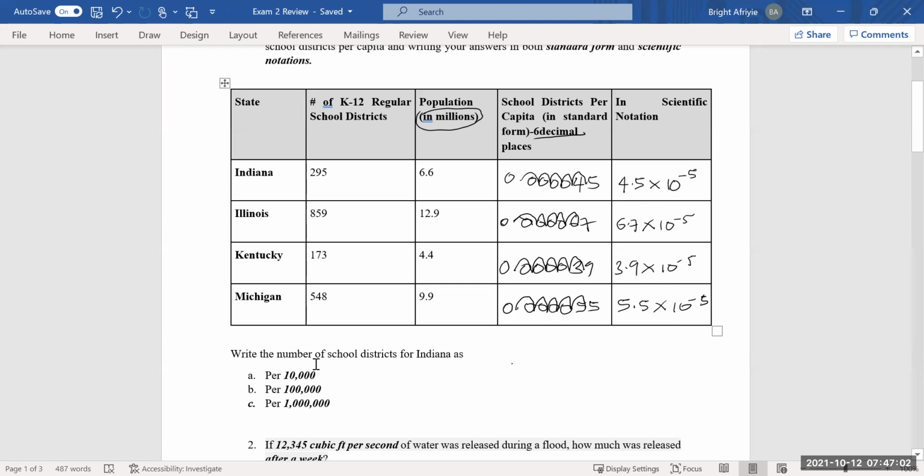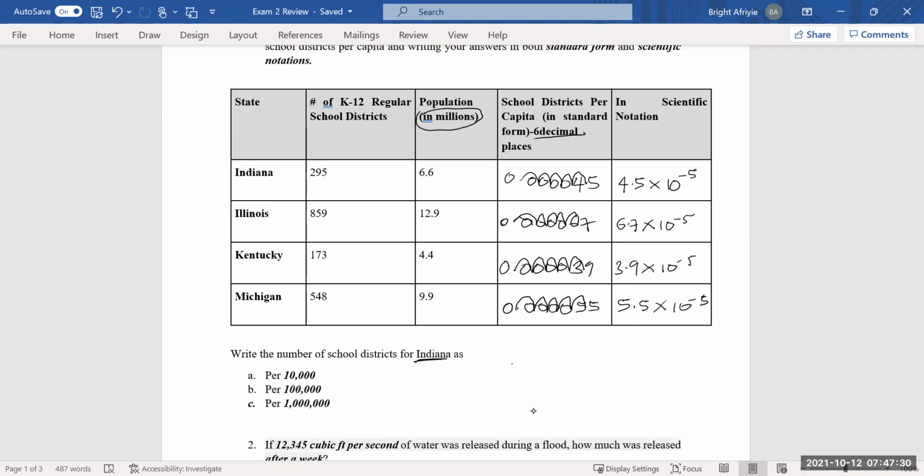So when you come to the next part, we are going to take only the state of Indiana and write the number of school districts for Indiana. I should have indicated that we're going to write a number of school districts per capita, per 1,000, per 10,000, and then per 100,000.